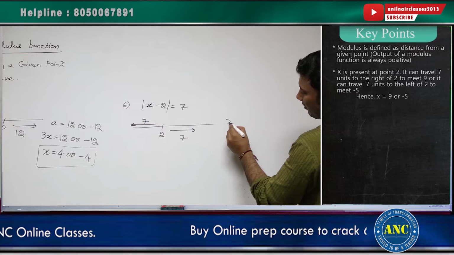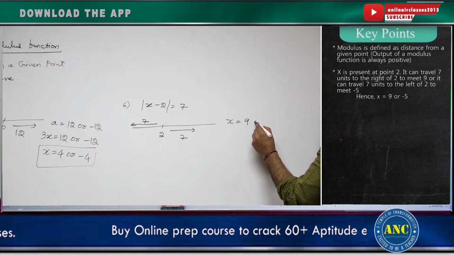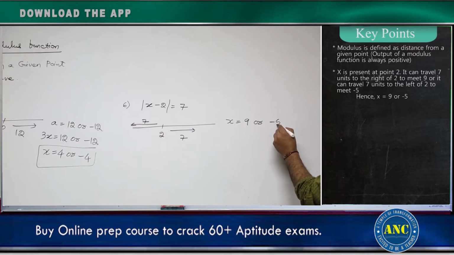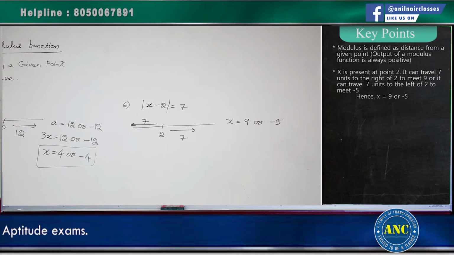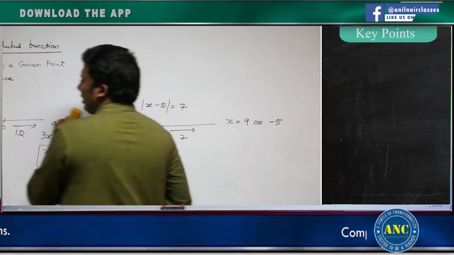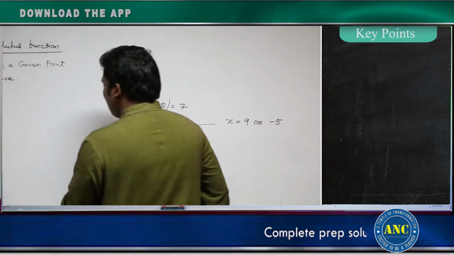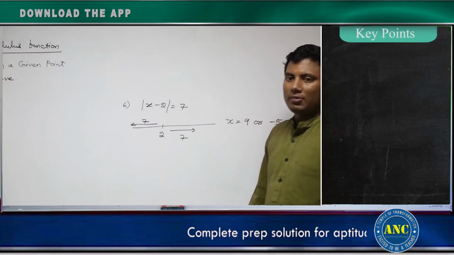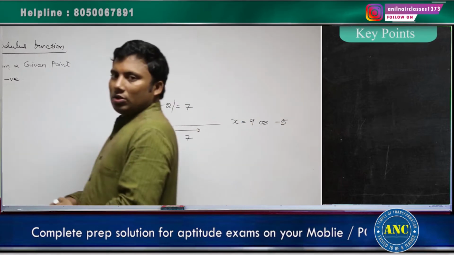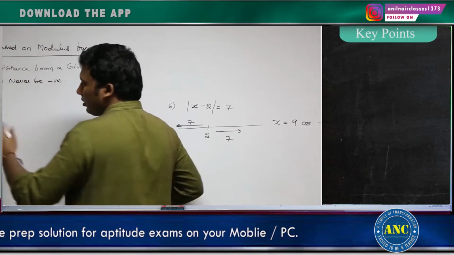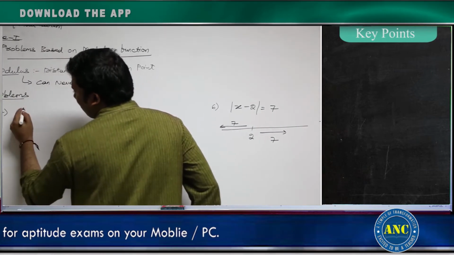If it travels 7 units forward, it is 9. If it travels 7 units backward, it is minus 5. Simple questions. Then we'll slowly move.